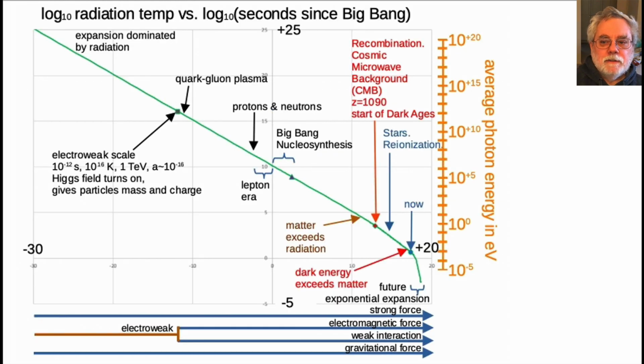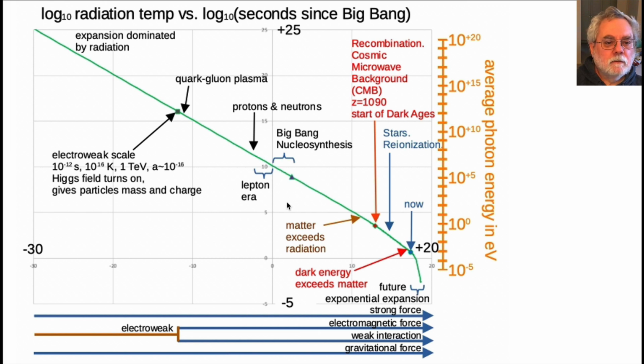With cosmic inflation completed, I am switching to a log-log graph of radiation temperature, the green curve, in Kelvin versus time in seconds after the Big Bang. The horizontal scale is the logarithm of time in seconds since the Big Bang, from minus 30 on the left to plus 20 on the right.